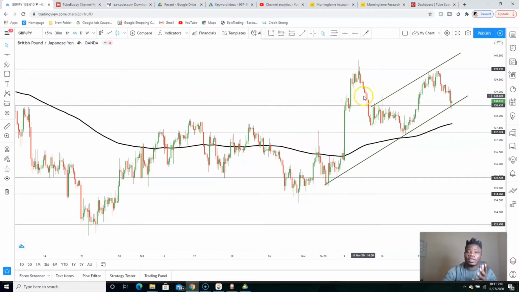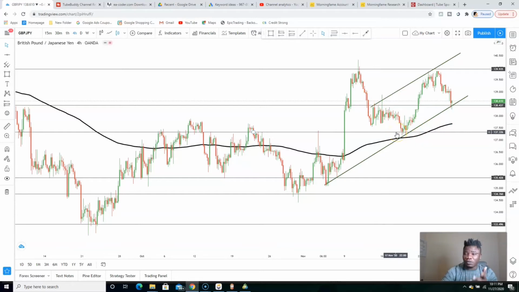And one more thing, guys, when you have the 200 EMA on your chart, price is always going to come back and retest the 200 EMA before it continues. And with what's going on right now, the market is currently closed. It could eventually break it now because it was going to break it here, but it couldn't.